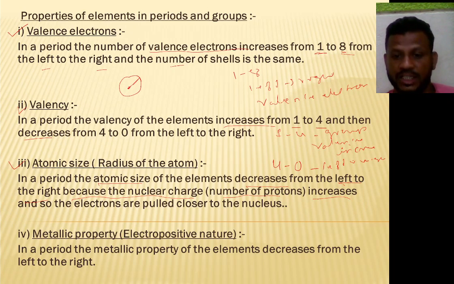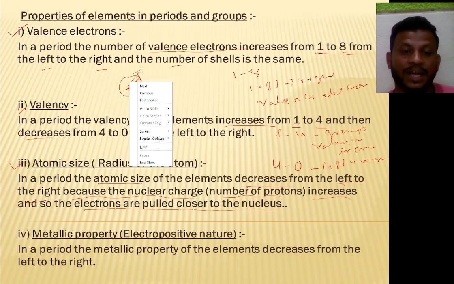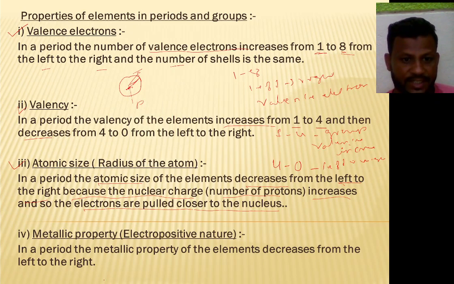In the nucleus, the number of protons increases from left to right in the periodic table, so the electrons are pulled closer to the nucleus, in the center.